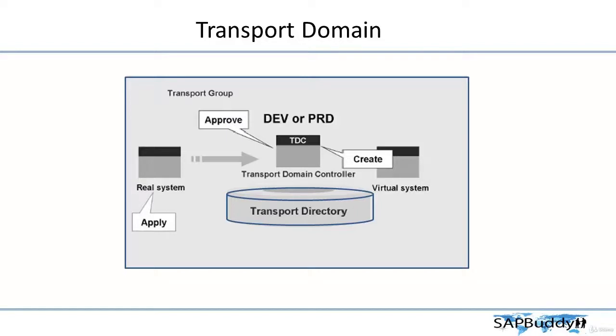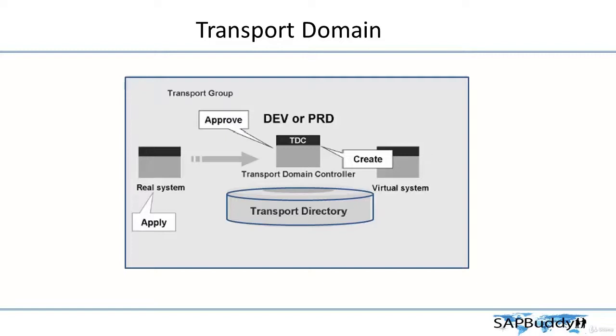As we know, the description of the transport domain controller is saved in the file domain.cfg, which is stored in our transport directory, in the subdirectory bin. In the common transport directory, all other SAP systems connected to this transport domain should be able to read the file domain.cfg.